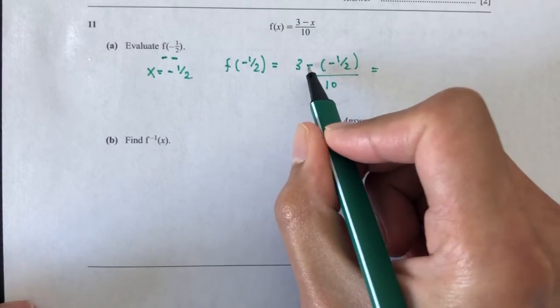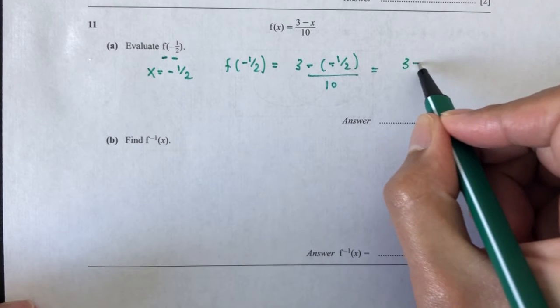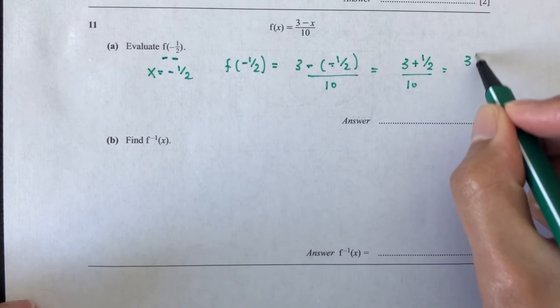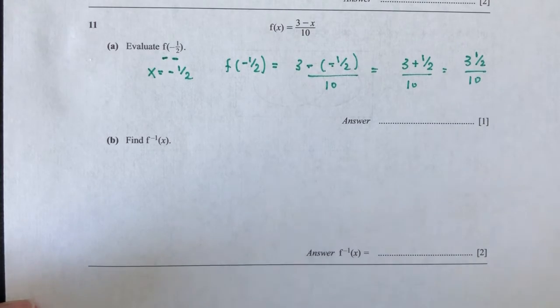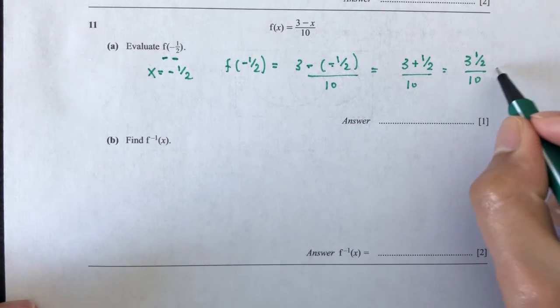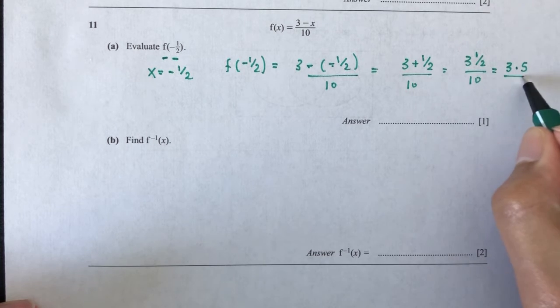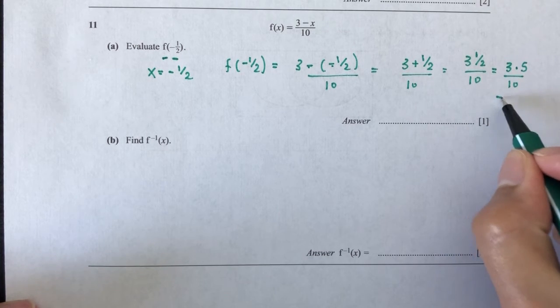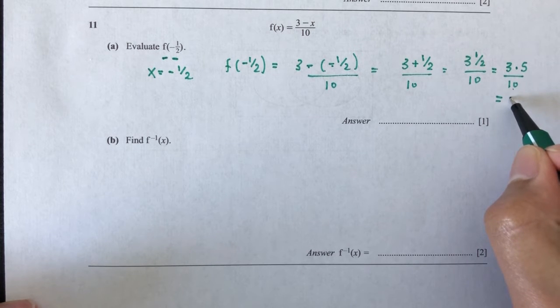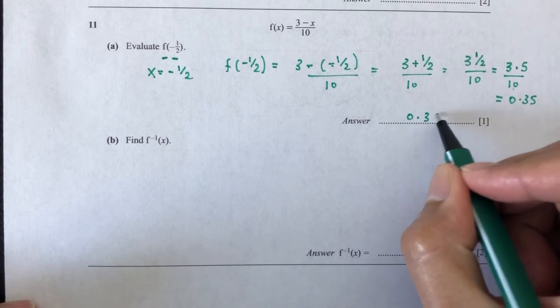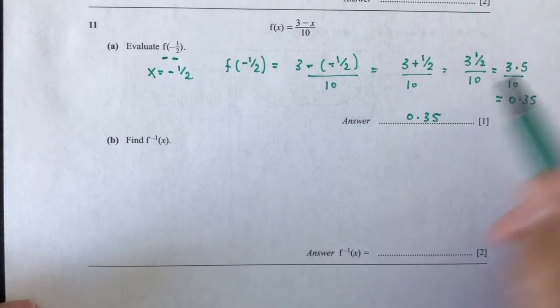So minus becomes plus, so 3 plus half over 10 becomes 3.5 over 10. So 3.5 divided by 10 is 0.35.